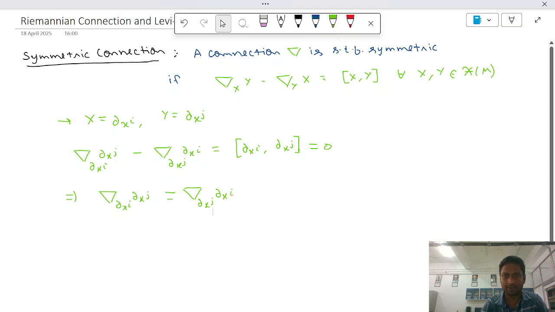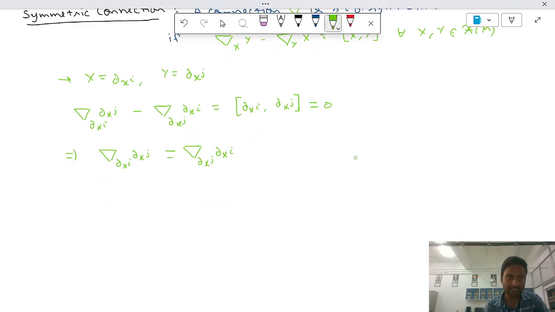Now you can simply say by definition, but as I explained earlier, let me tell you one more time that this nabla_{del xi} del xj, ultimately after operating it, is going to be a vector field. You have defined the connection from chi-M cross chi-M to chi-M. So ultimately it's going to be a vector field. And if it is a vector field, I can write it as a linear combination of basis vector fields. So when we do that, our coefficients are nothing but these connection coefficients.